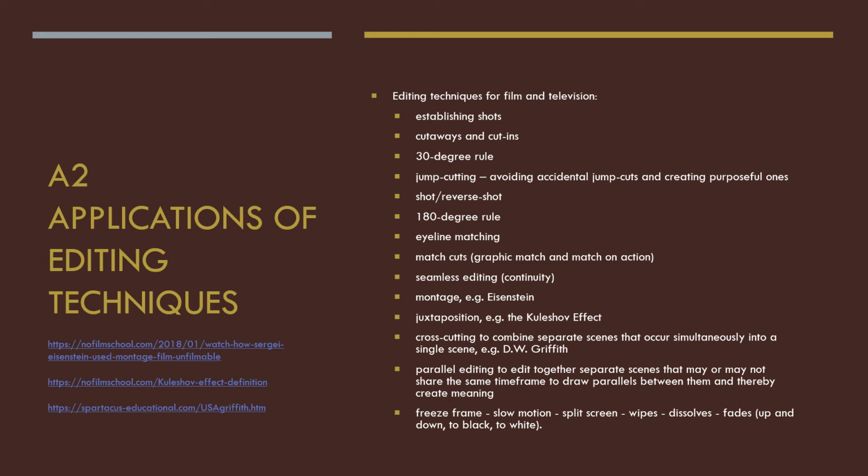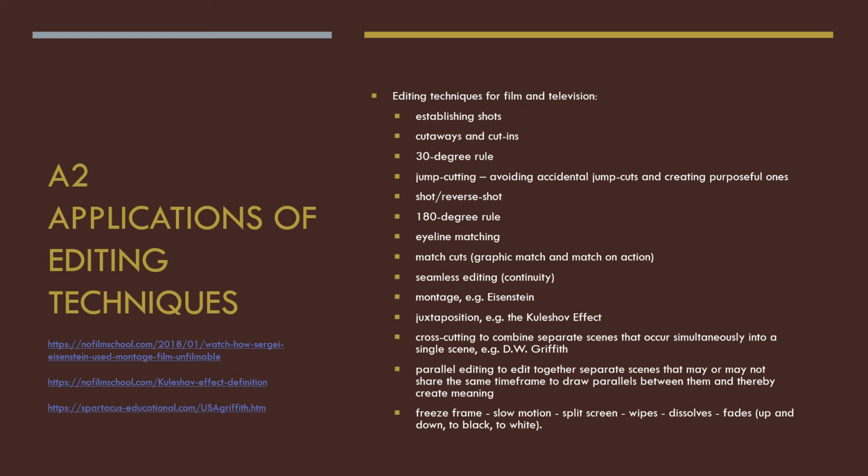But the first one we're going to look at here is the 30-degree rule. Now, the 30-degree rule is all about the movement of the camera. Basically, when it comes to shooting, directors will tend not to move the camera more than 30 degrees, left or right, up or down.